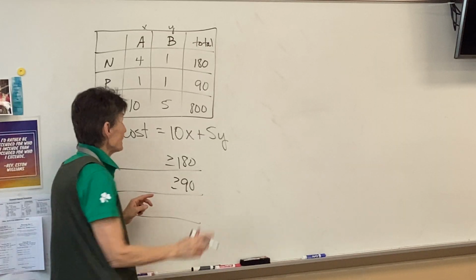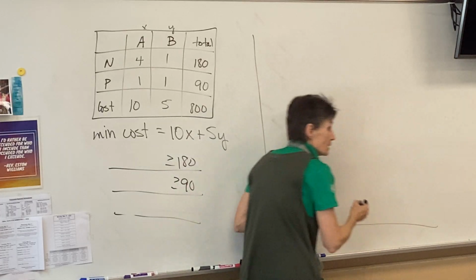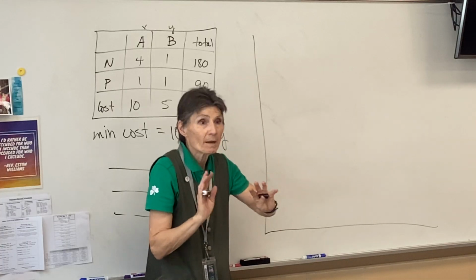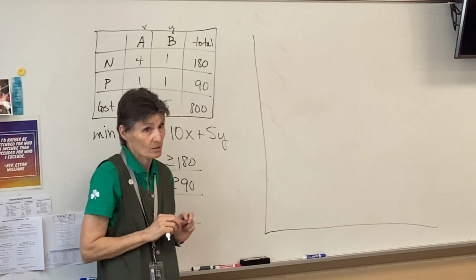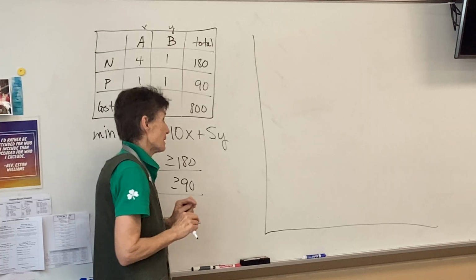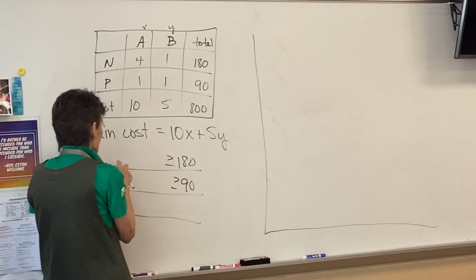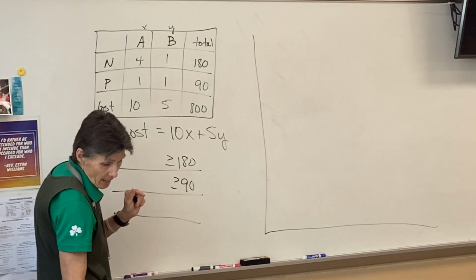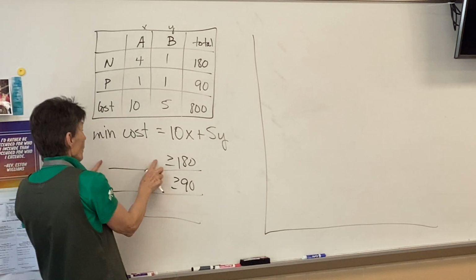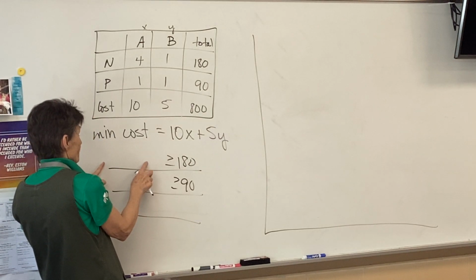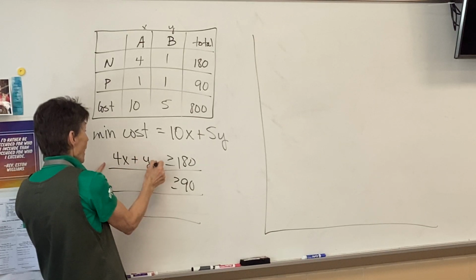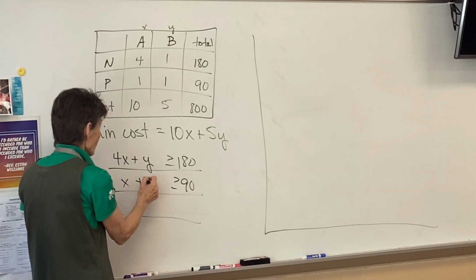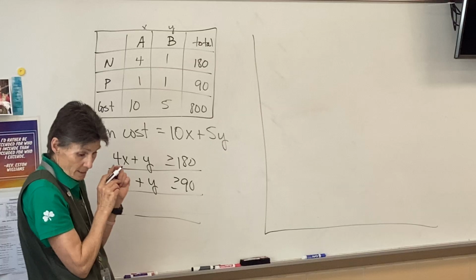So when I finally get this thing graphed, and I get all my points, whatever I come up with had better be less than 800. Finish my constraints. That 180 is how much nitrogen I need. So 4x plus y has to be greater than or equal to 180. And x plus y has to be greater than or equal to 90.